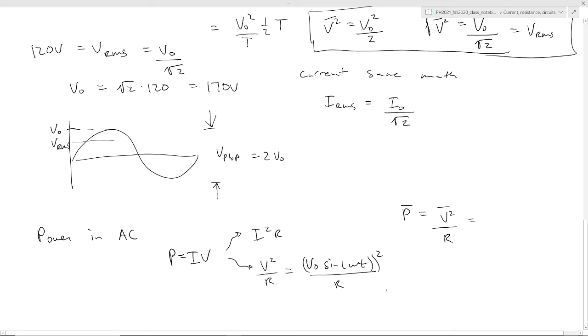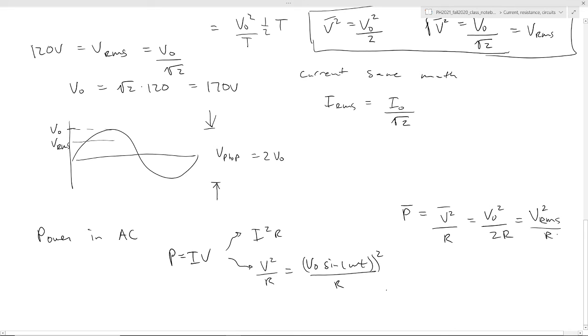We have it up here. V naught squared over 2. So we would pick up just an R in the denominator. And we could equivalently say that this is the same thing as VRMS squared over R.